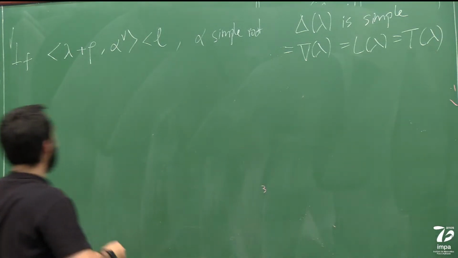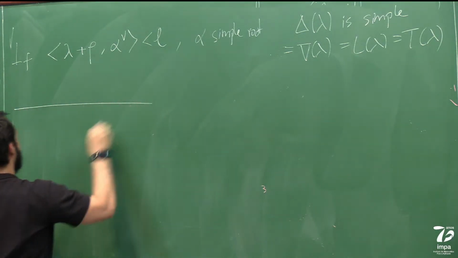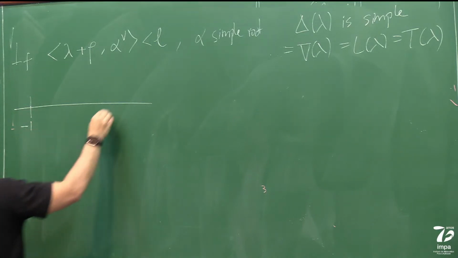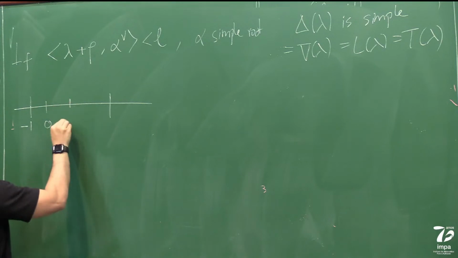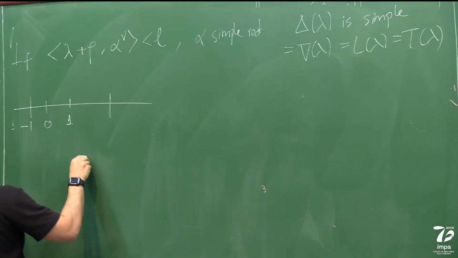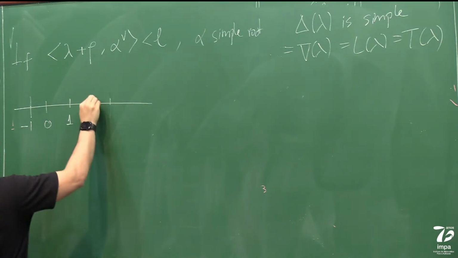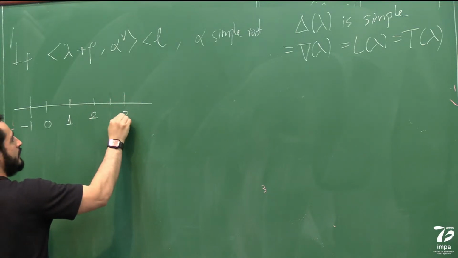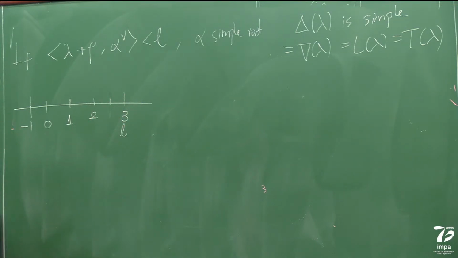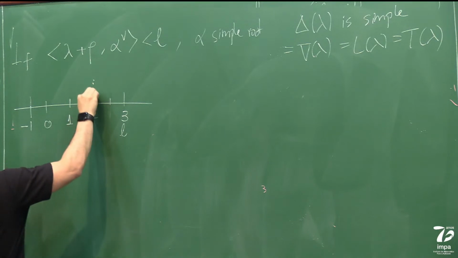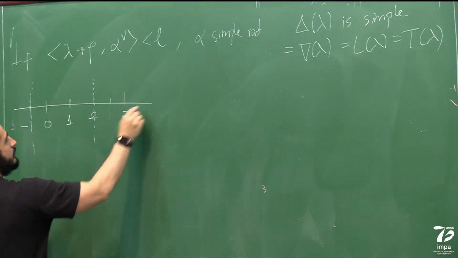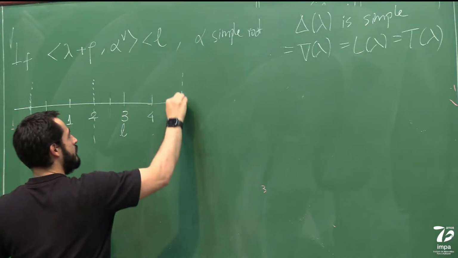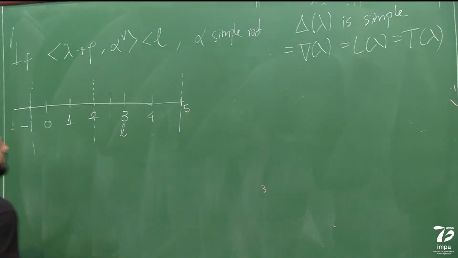In the case of SL2, if I start, for example, here is minus 1, I have a third root of unity, so I have 0, 1, 2, and 3. This is my l. In this case, I can put some, let's call it walls. Here is 4, 5.